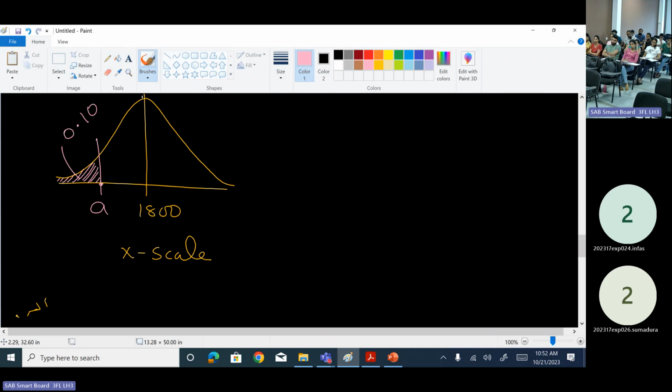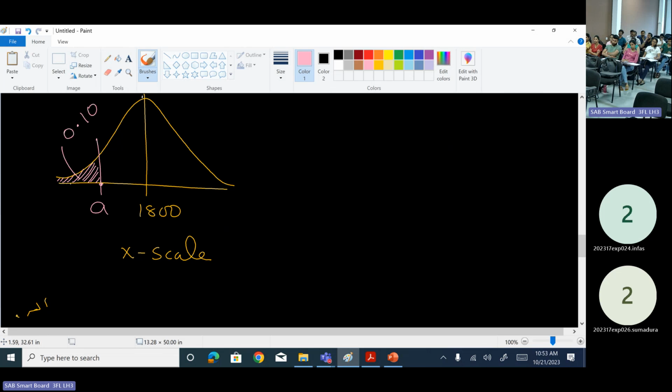So draw the X scale structure, locate the point. Then whatever the area you have highlighted here, put it in mathematical form. Whatever the area highlighted, you have to write down as a mathematical expression.